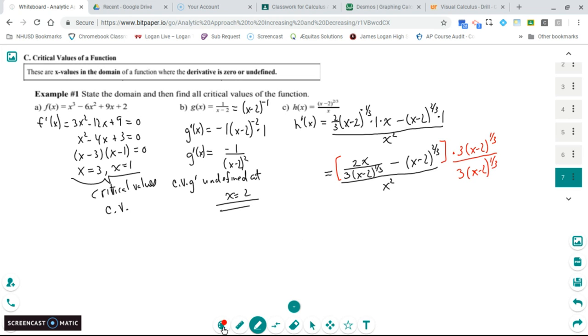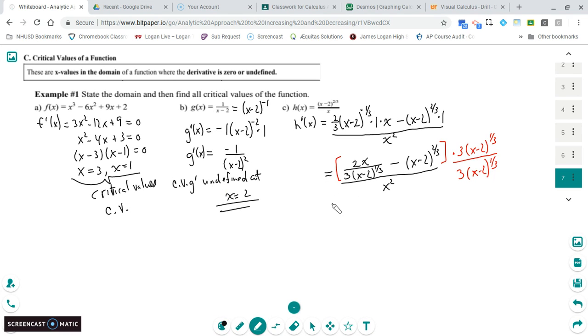And that gives me, all right, so in the denominator, that's easy. All right, so 3x squared, x minus 2 to the 1/3, the cube root of that, right? All right, and then here I have to distribute.